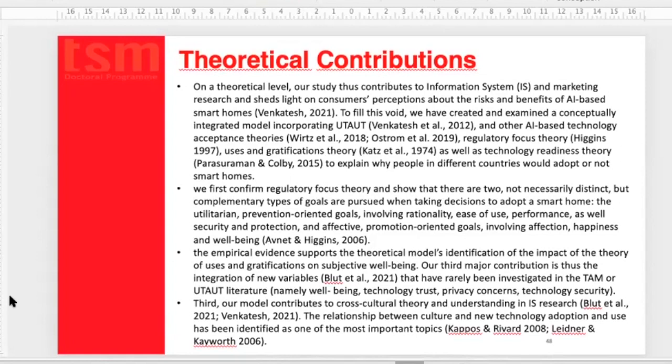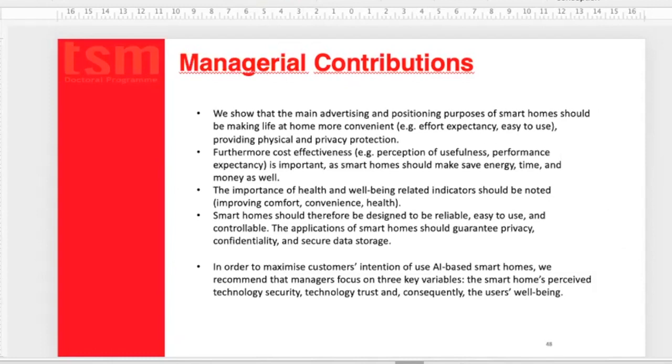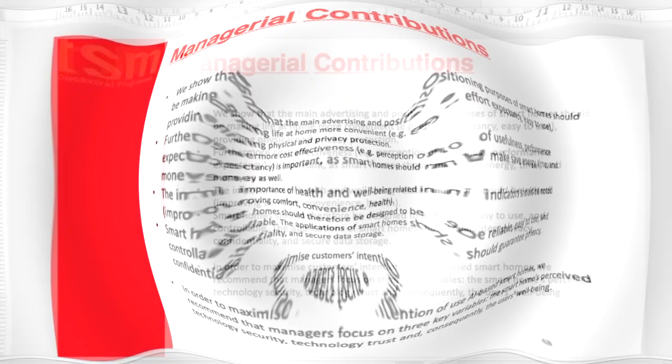And we contribute also to cross-cultural theory and show that our technology acceptance model holds in different cultures, but also varies on some aspects, namely privacy concerns in the different cultures.